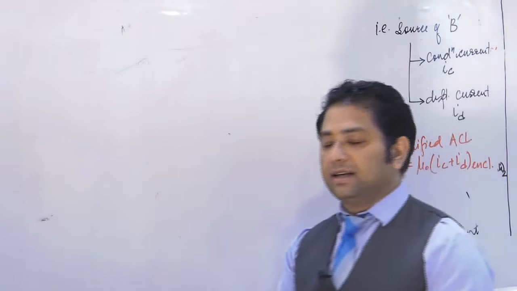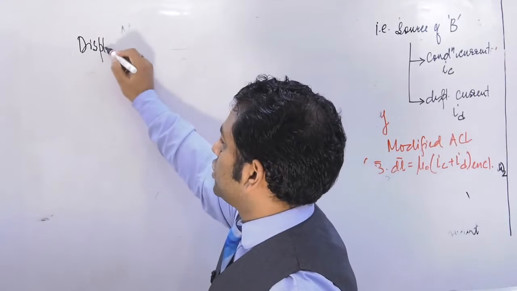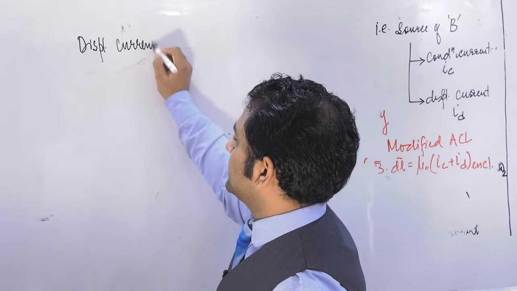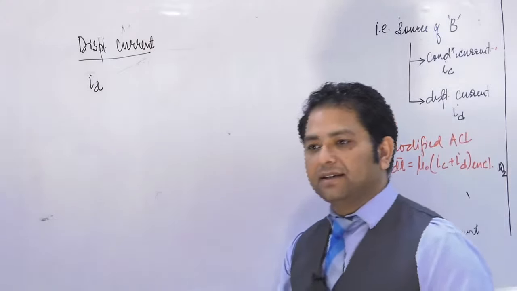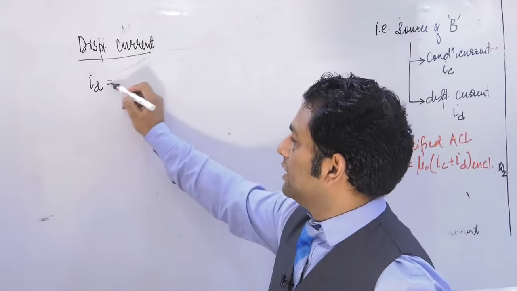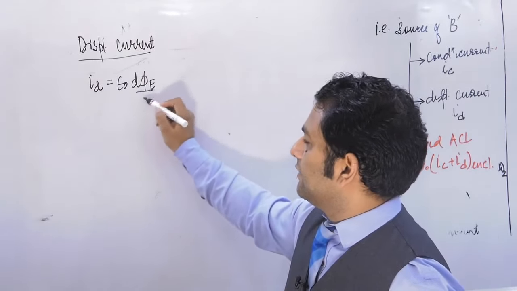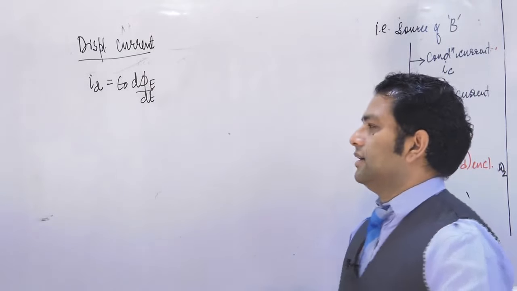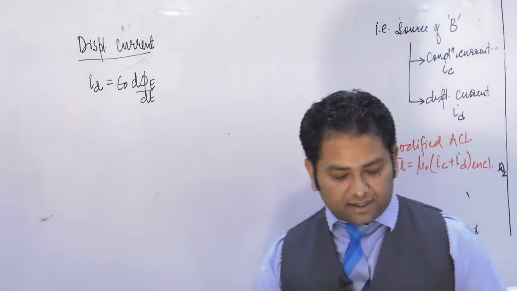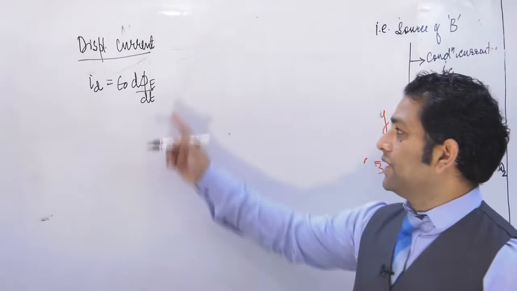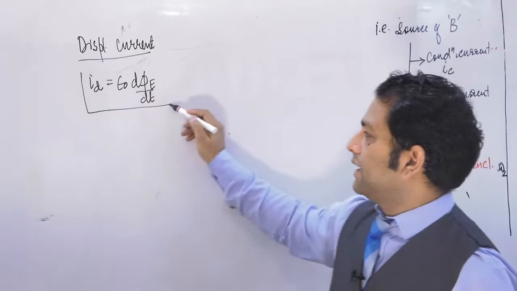Now first, let's talk about the displacement current. ID, that's what we write, and that is equal to epsilon naught d phi e divided by dt. So here is already the meaning of a time varying electric field. A time varying electric field is there, ID, that's epsilon naught d phi e by dt.